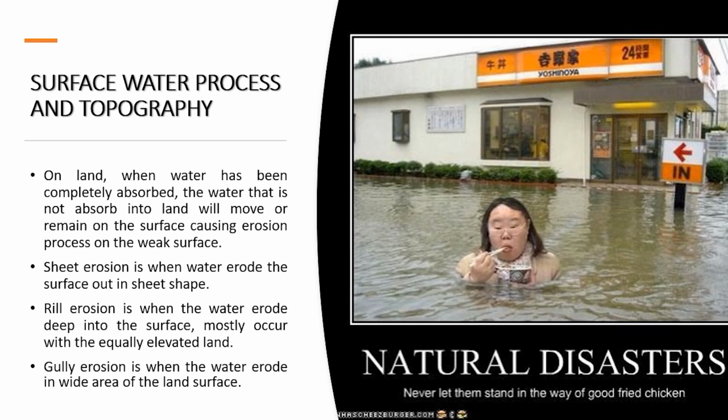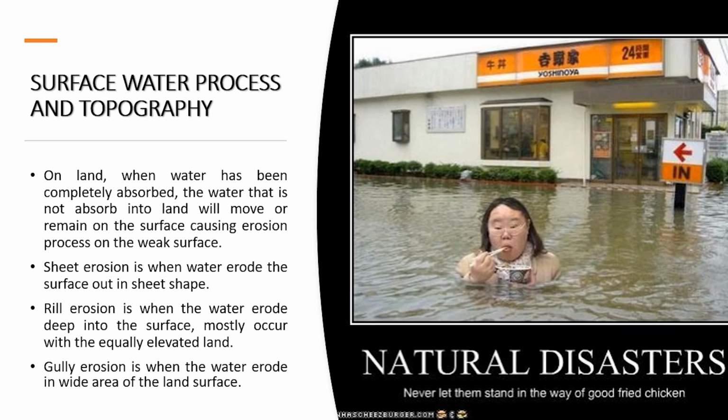This mostly occurs in areas that are equally elevated because there is no gravity to make the water move, so the water mostly stays in place, and instead of going the horizontal way, it goes the vertical way. Next is gully erosion.